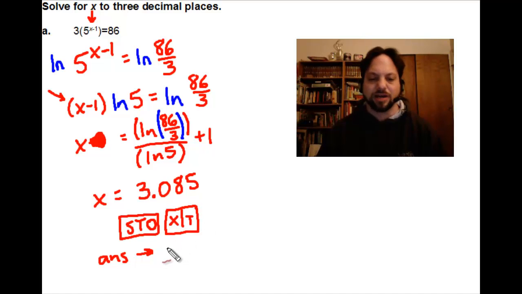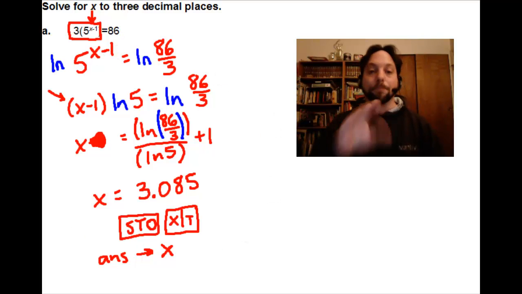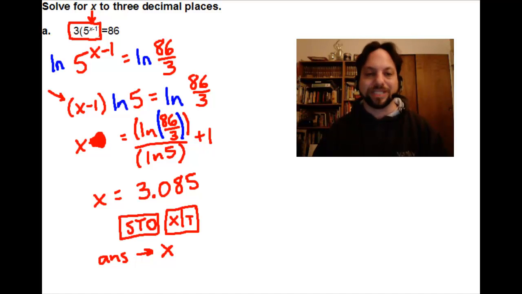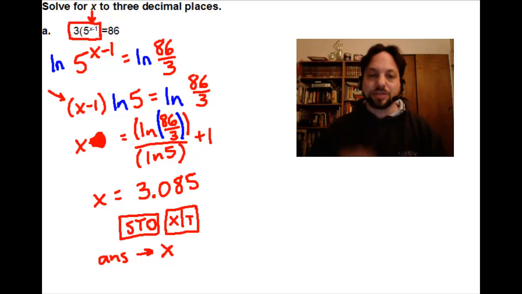And so we store that value as x. Then all you really need to do is type back in the left side of this equation and see if you don't get 86 as your result, proving that x really does equal 3.085.